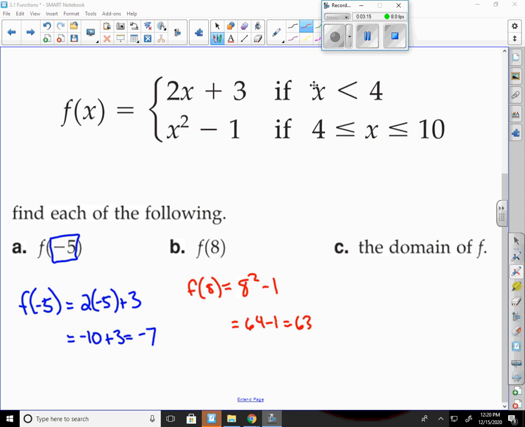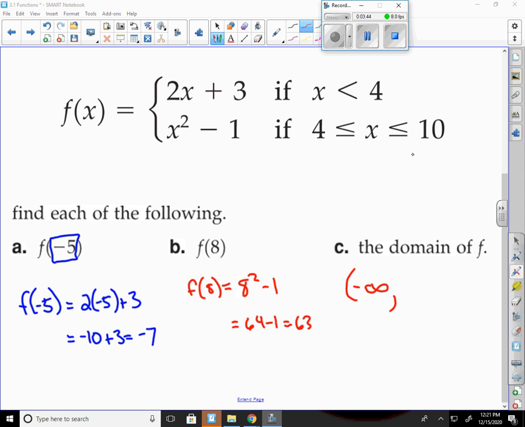Is there any limit to how low I can go? So it's negative infinity for my bottom. What about the top? What's the highest I can go? I can go up to 4 with the top equation, but then the bottom one picks up at 4 and continues all the way up to 10.